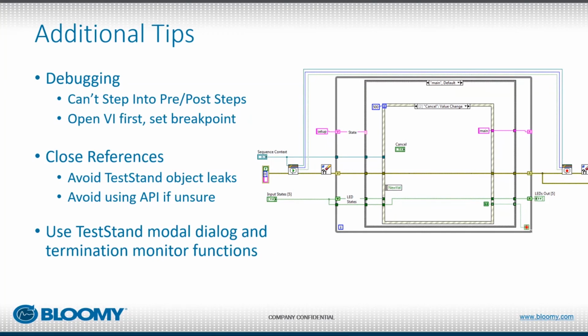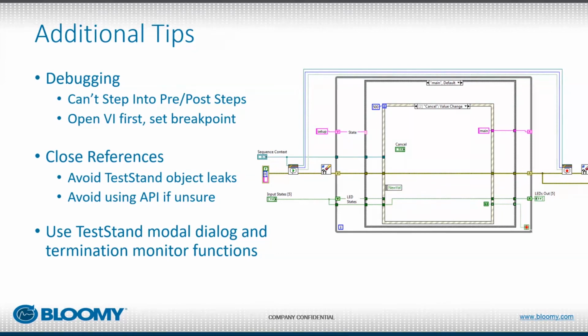And then the comment about the API, if you're not familiar with it, then maybe avoid using it. But another important tip is to make sure you use the TestStand modal dialog and termination monitor functions, so that if a test operator running the sequence hits terminate or wants to stop execution of the sequence, that will notify your custom step that the event has occurred, and it will stop executing.